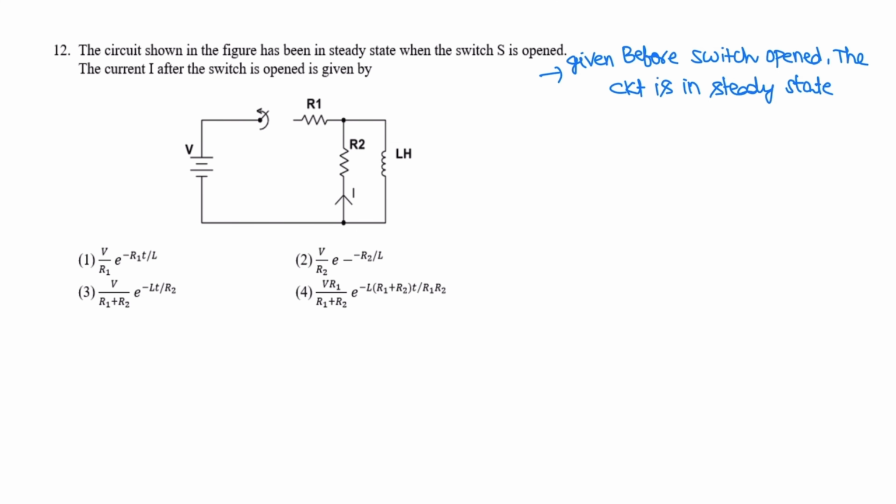Next, in steady state, the inductor acts as a short circuit, at t tends to infinity. At the initial state it acts as an open circuit. So the equivalent circuit in steady state is, the inductor is short circuited.